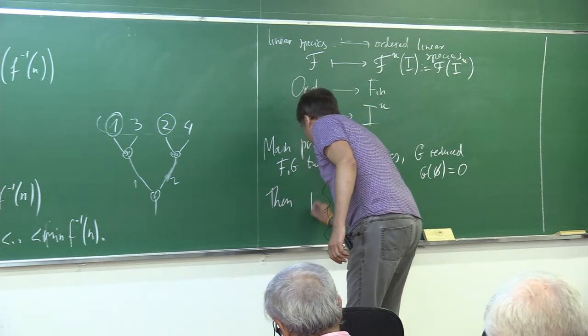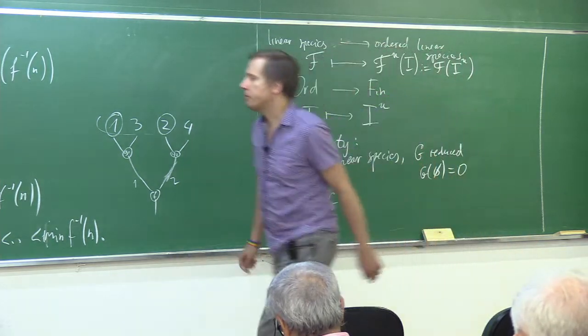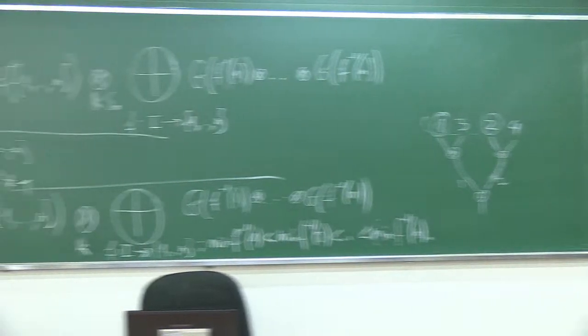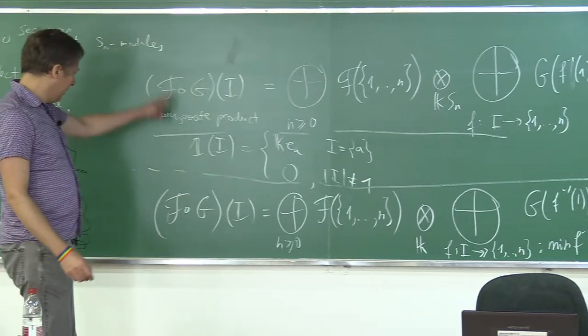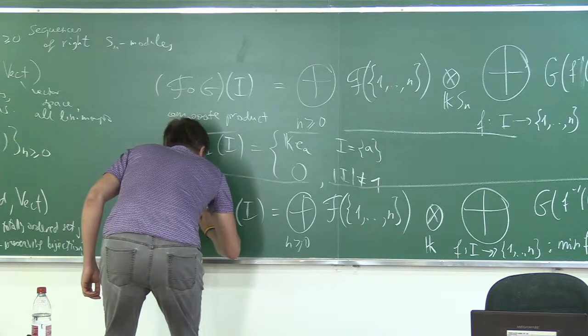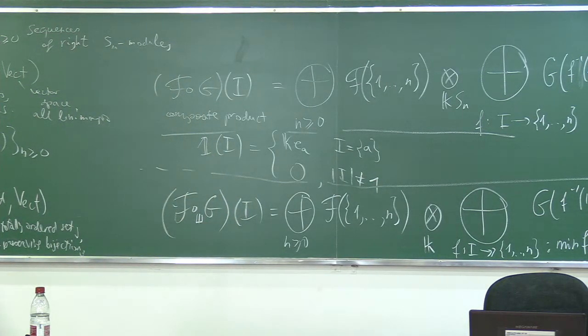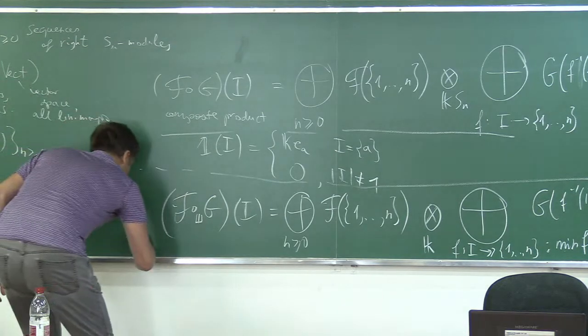Then you can take the composite. Oh, sorry, I did something very stupid. I wrote the circle, and here I will put the Russian letter sha for the shuffle composite product.